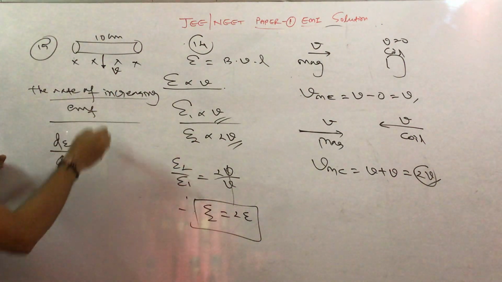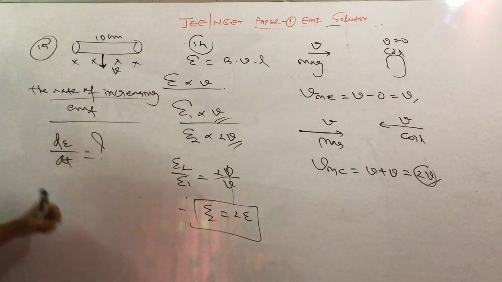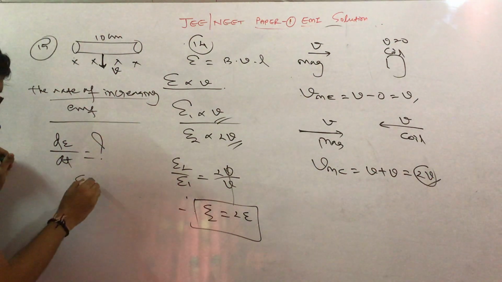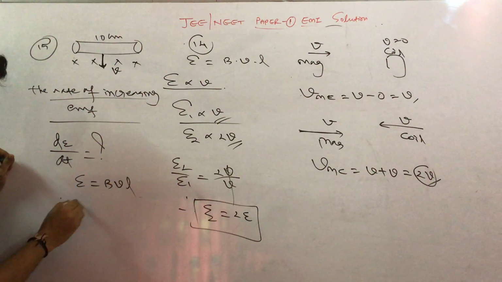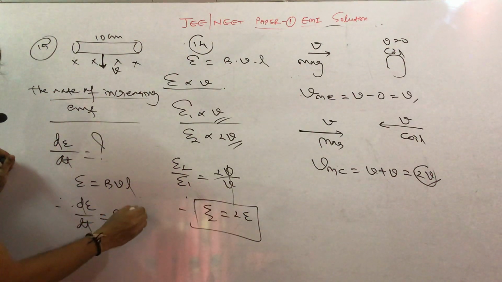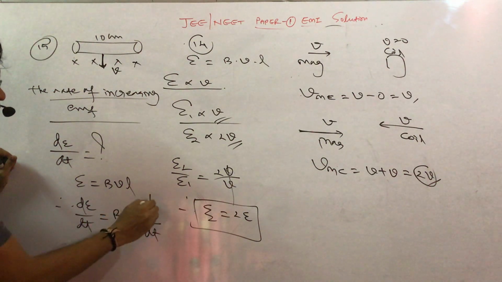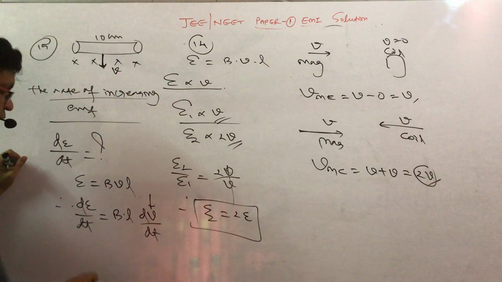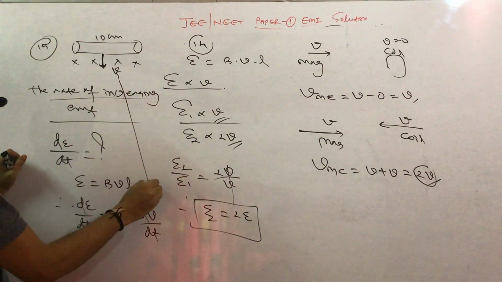अब अपन लोग तो जानते हैं कि एप्सिलॉन, what is the motional EMF if this rod is passing through magnetic field with velocity v? It is BVL. So by taking differentiation, B and L constant, so dV by dt, but here velocity is given 10 meter per second, you can see 10 and it is constant.